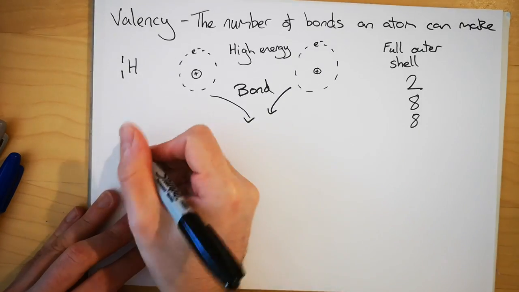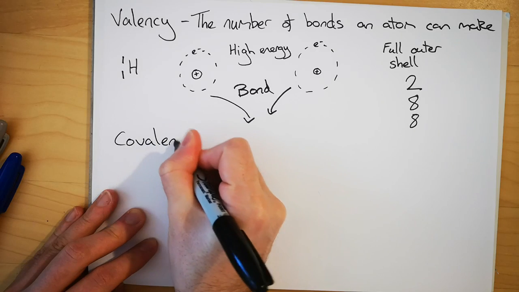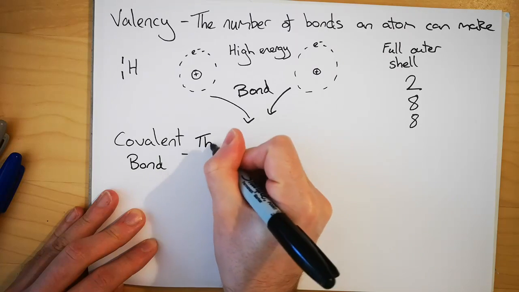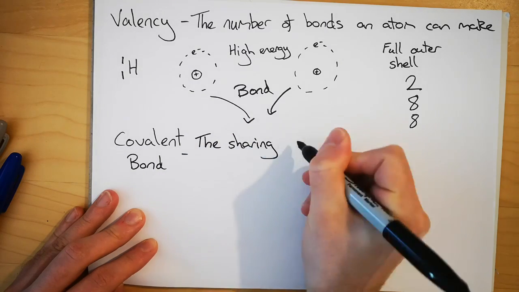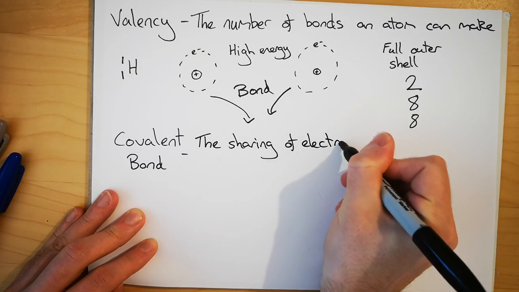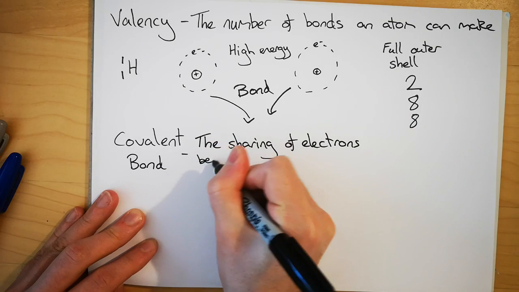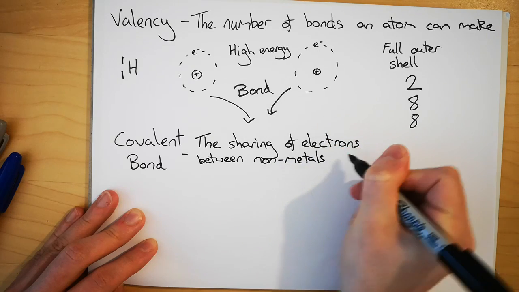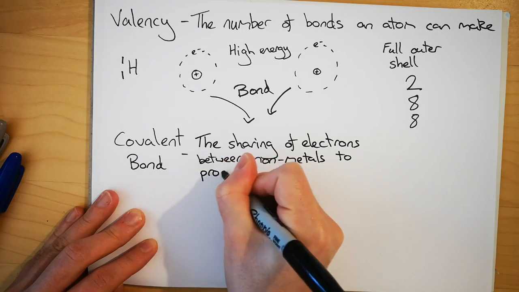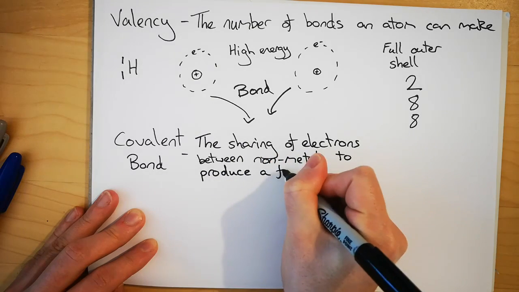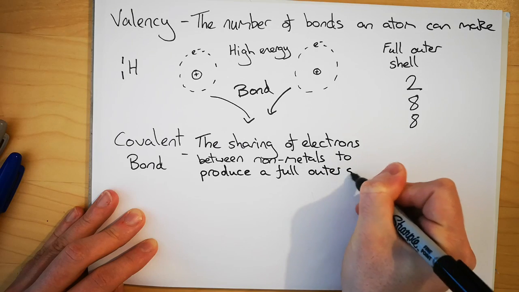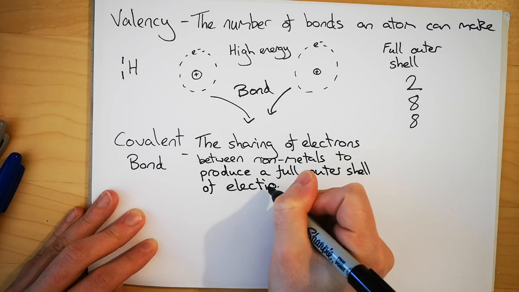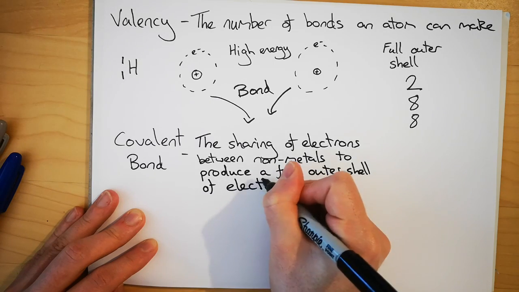So what we'll have is, this is the sharing of electrons between non-metals to produce a full outer shell of electrons.